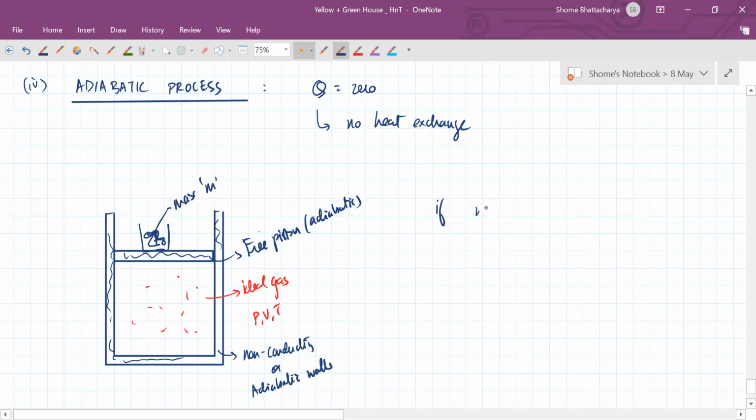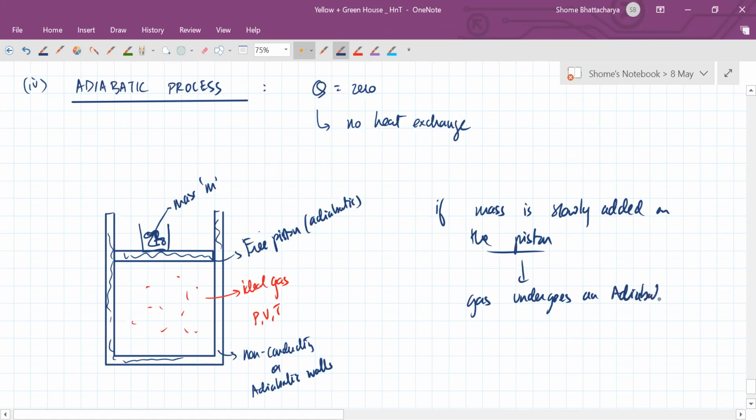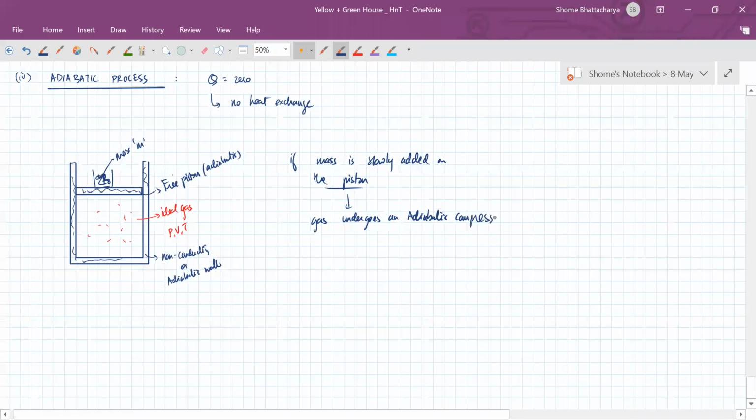So if mass is slowly added on the piston, then the gas undergoes an adiabatic compression, wherein delta U plus W is zero.